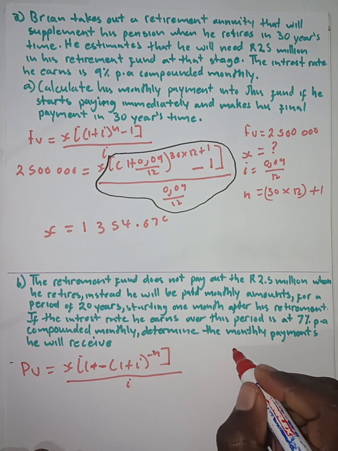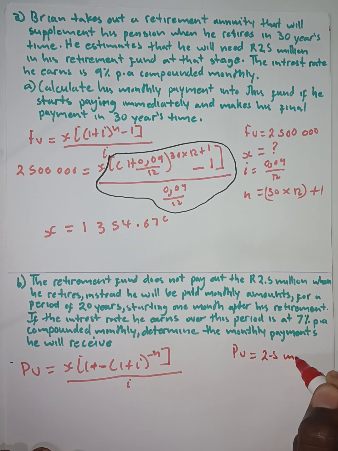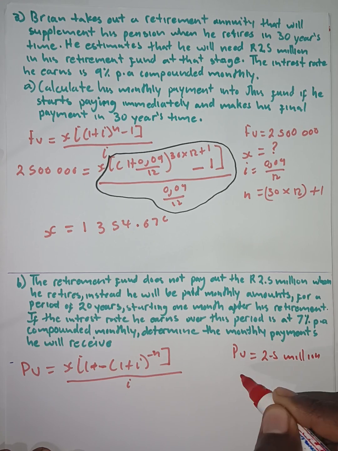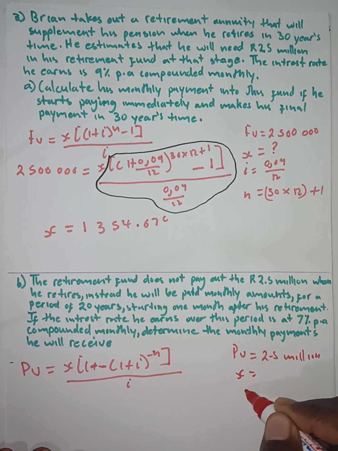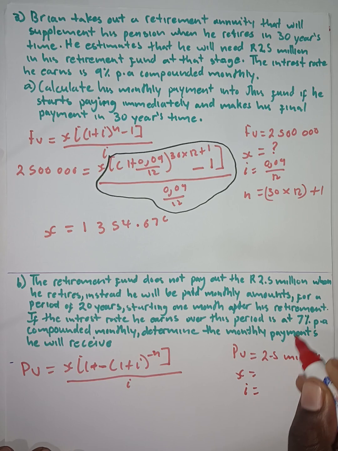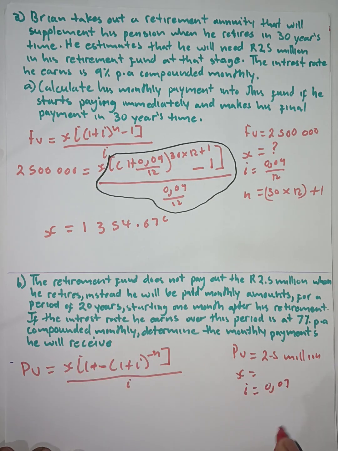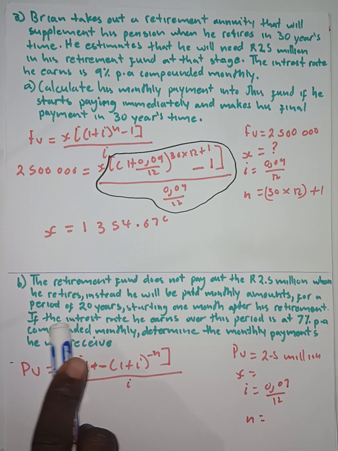So PV is 2.5 million, and we don't know the monthly payment, but the interest rate is 0.07, and since it is compounded monthly, we divide that by 12. Now the number of payments: they say for a period of 20 years.